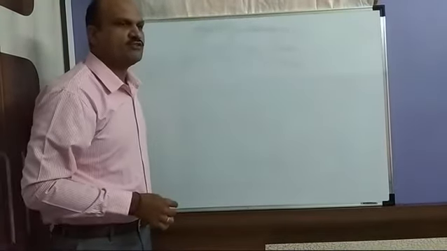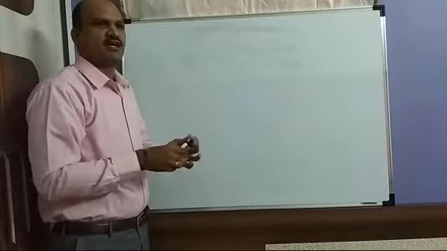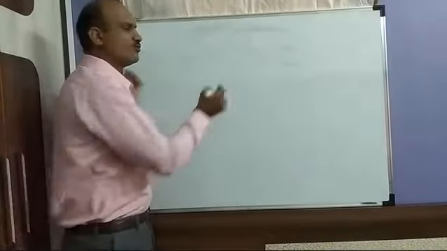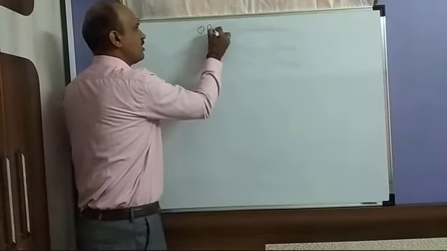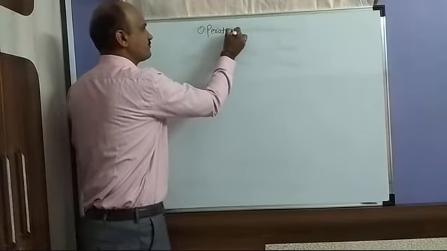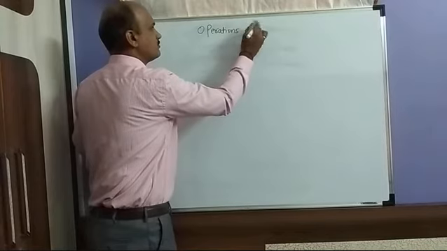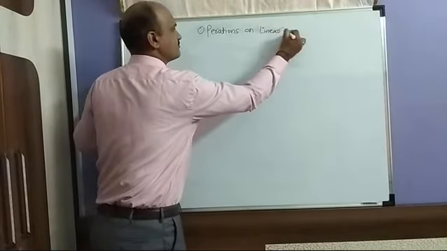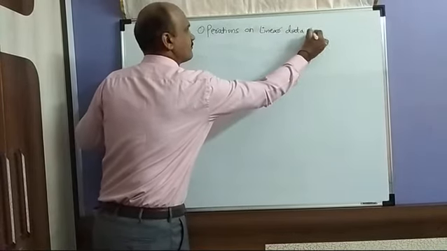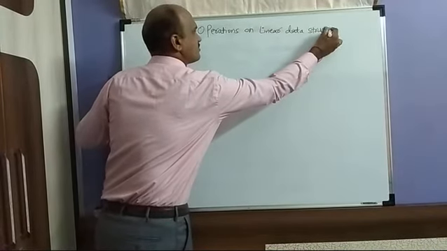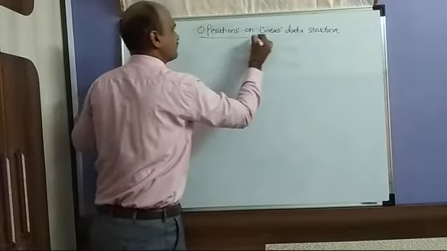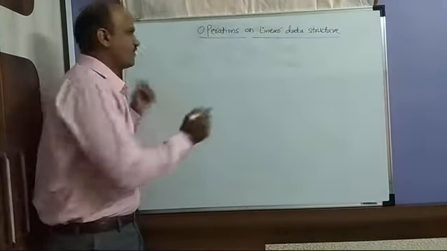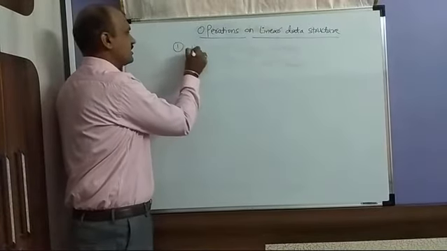These are useful in arrays and also in other structures. So we will see the operations on linear data structure. What are the operations here? The first operation is traversal.